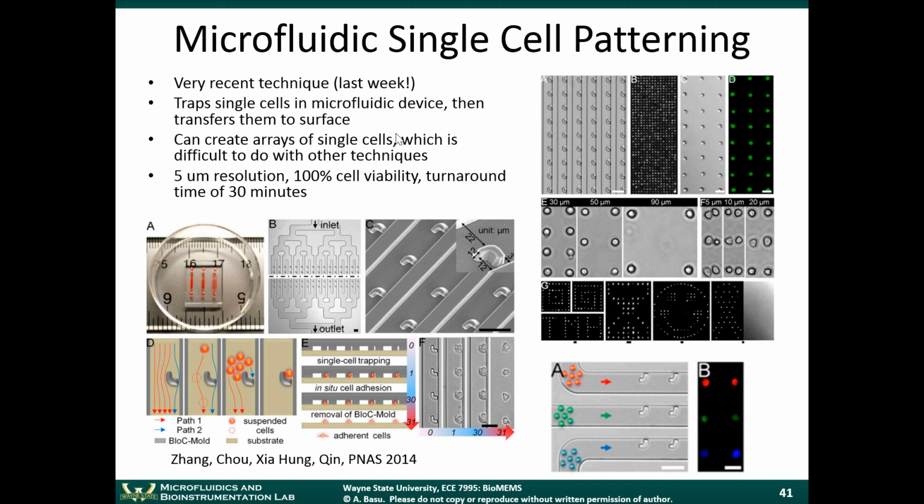This was published last year, not last week, because last year I was making up some of the new slides. The idea here is to trap single cells in a microfluidic device and then transfer those trapped cells to a surface. So let's zoom in here.